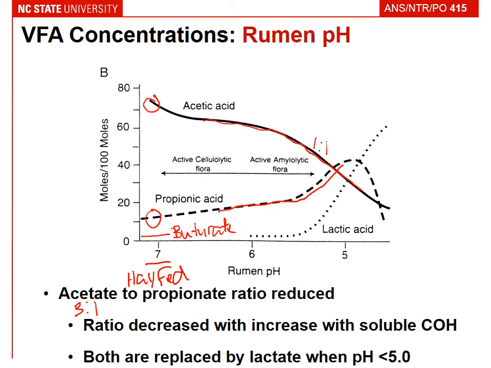So how does it differ with ruminant species? So this is showing the relationship between the volatile fatty acid concentration and the pH of the rumen. So here, if we are looking at a pH 7, this is going to be a hay-fed animal.